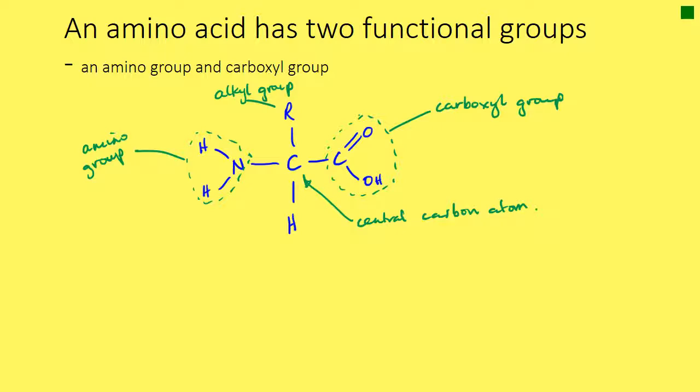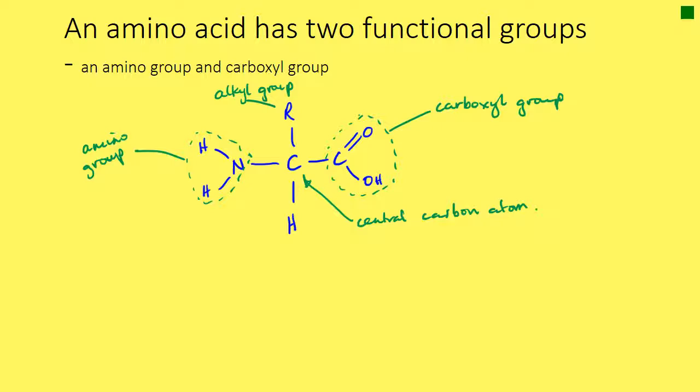We've got a variable alkyl group. So what the alkyl group is determines what acid it is. We have a hydrogen atom here, and it's worth pointing out that we have a central carbon atom. Like so. So that's what an amino acid looks like, and the variation usually comes in what alkyl group we have.